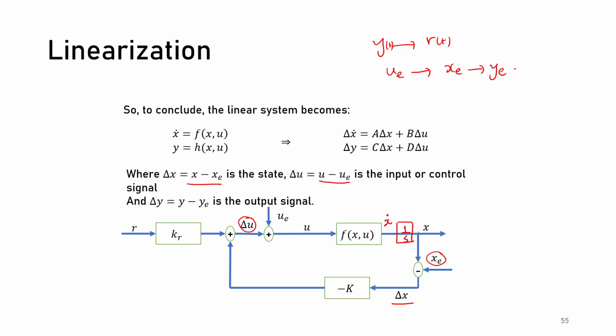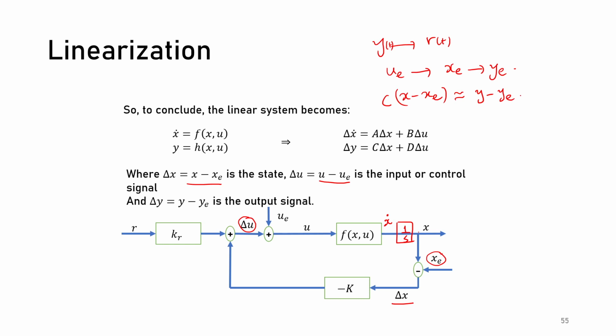Okay, so if you have delta h, which is h minus h equilibrium, times C, then you approximately have y minus y equilibrium.